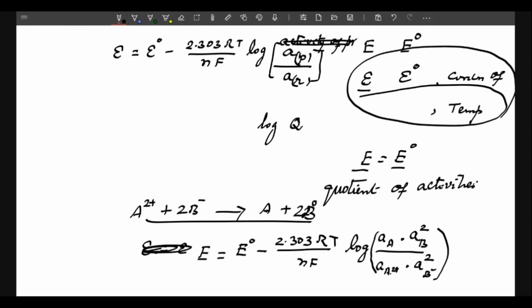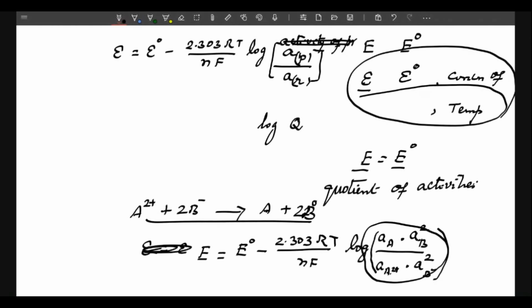Whatever time we are going to calculate at, the concentration at that time we are going to substitute. There is a difference. Therefore, we won't call it the equilibrium constant. We will call it the reaction quotient. Quotient means the concentration should be given at a particular time, not at equilibrium.